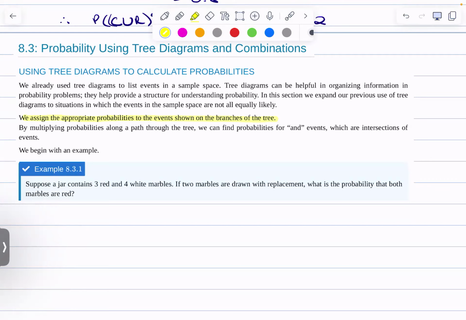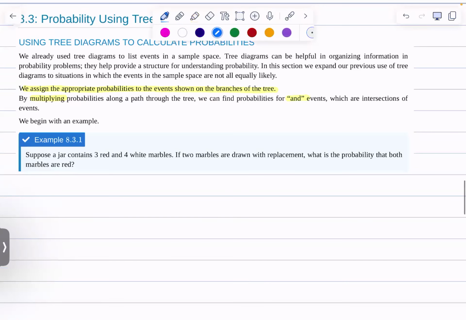Then we multiply probabilities along a path through the tree, which means we can find the probabilities for AND events, because AND is multiplication. And add branches to find OR probabilities.